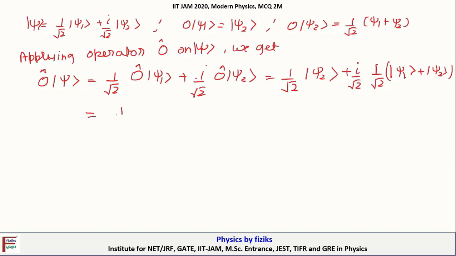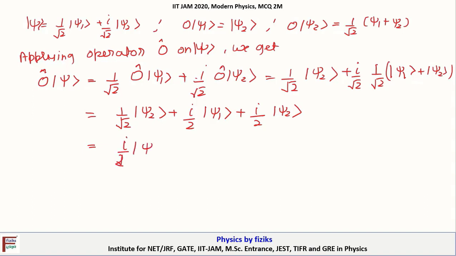So our result will be 1 by root 2 psi2 plus i by 2 psi1 plus i by 2 psi2. Now clubbing the equation together, i by 2 psi1 plus 1 by root 2 plus i by 2 psi2.